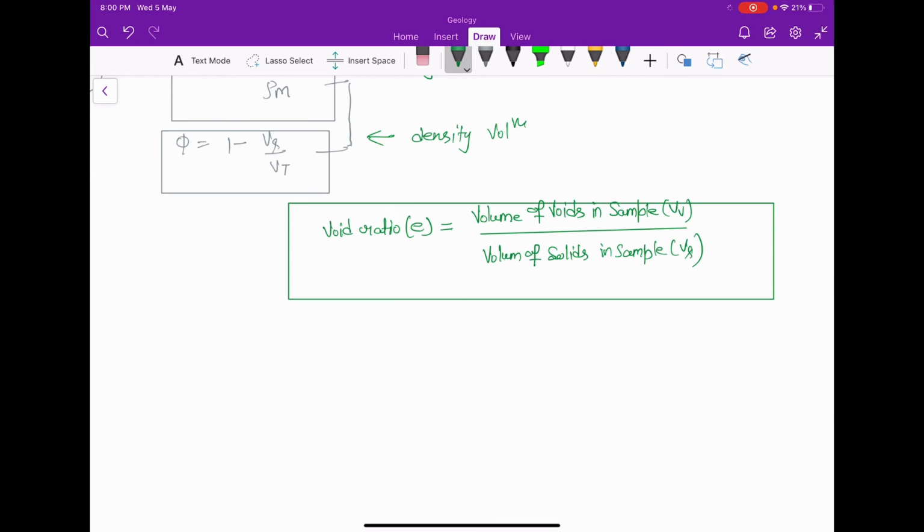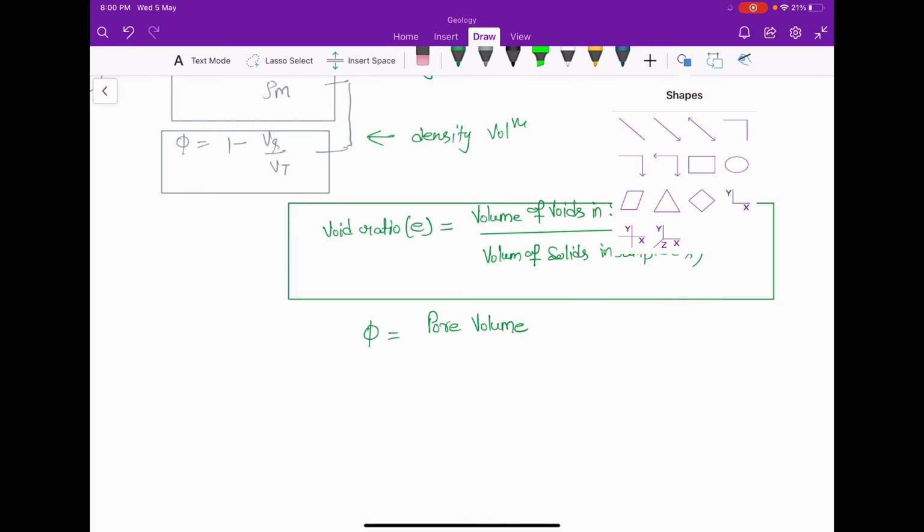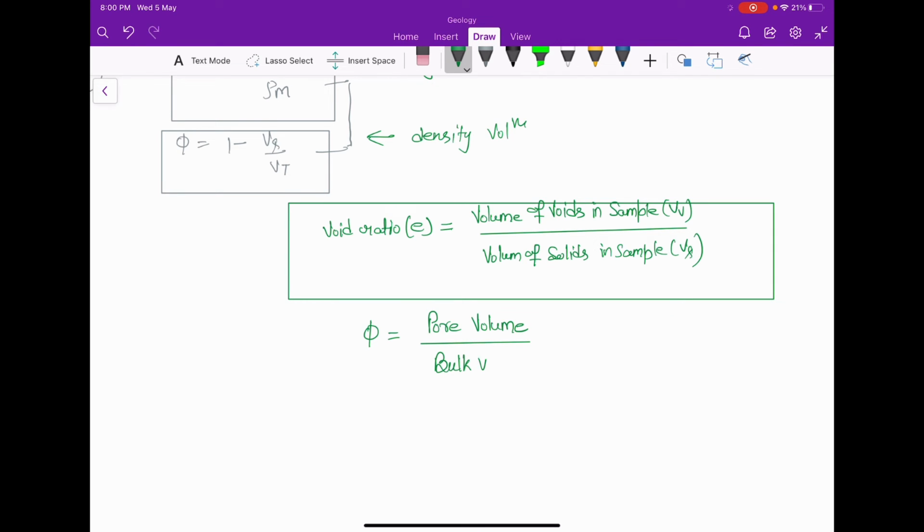So now we will find the relation between porosity and void ratio. So porosity is defined as pore volume divided by bulk volume. Pore volume is void volume, divided by volume of void plus volume of solid or volume of mineral.